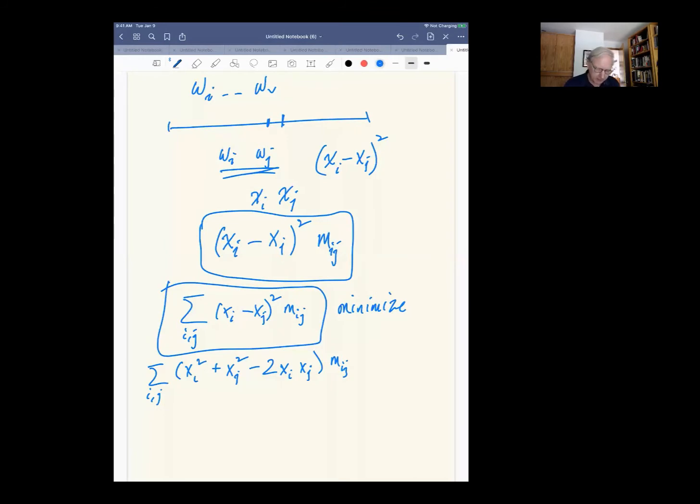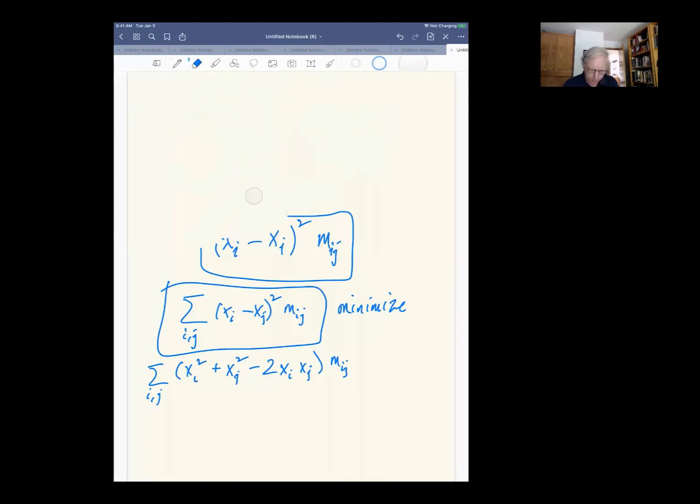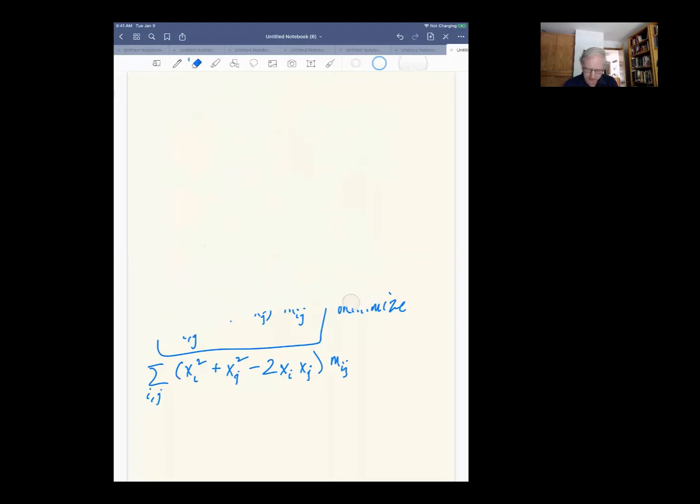So let's erase and see what we can do with what we've got now. And just remember, this is a quantity that we're trying to make sense of, or maybe we've already made sense of it, but given some data, maybe we could find what these x_i's and x_j's are. We want an x value for every word, okay? And the secret word here is eigenvectors, but we're not there yet.